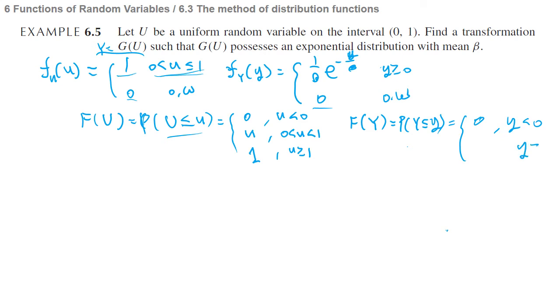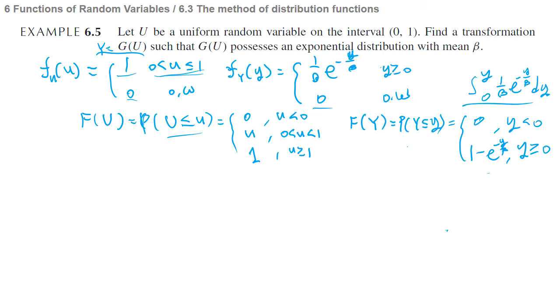And if y is greater than or equal to 0, you integrate this density function from 0 to y of 1 over beta e to the minus y over beta dy. If you integrate it, it is 1 minus e to the minus y over beta. You can easily calculate it from here.